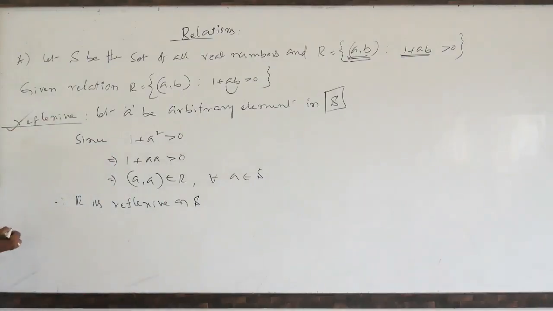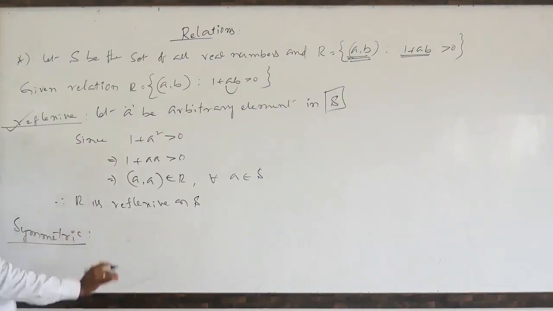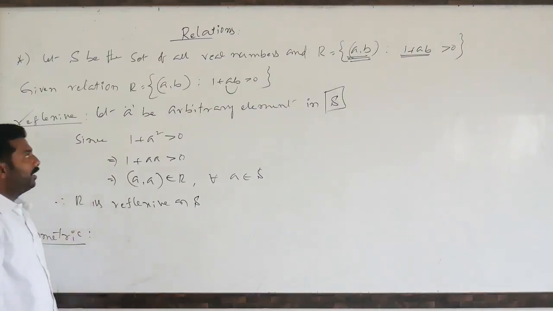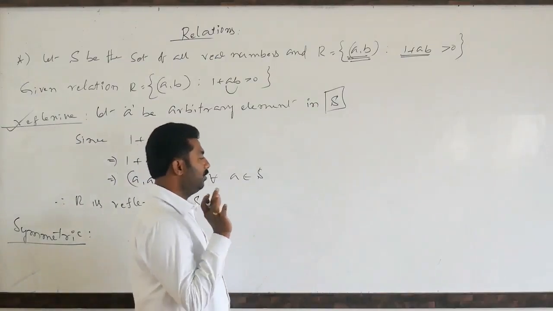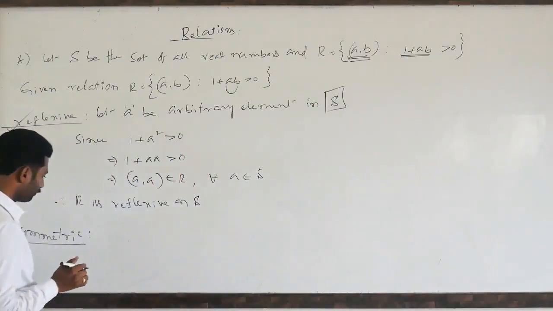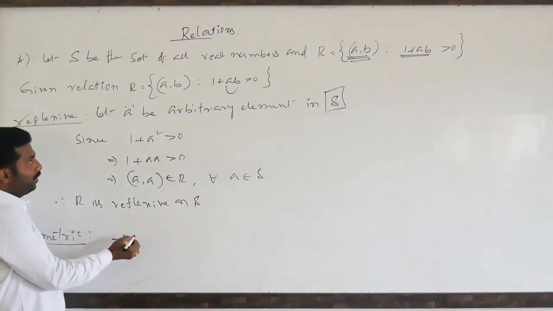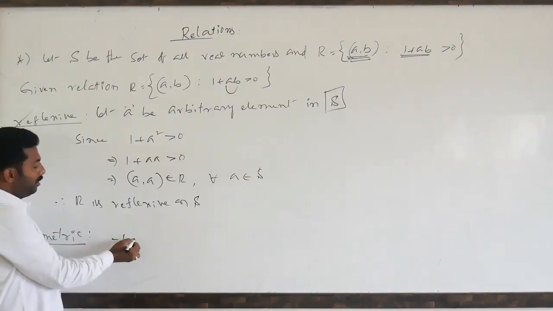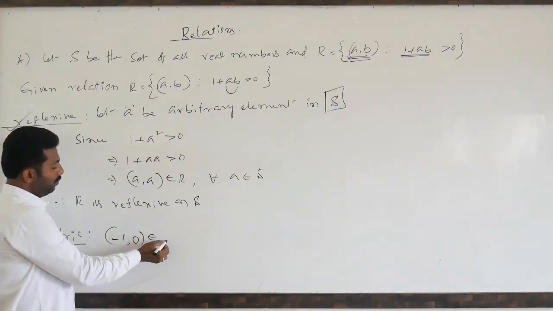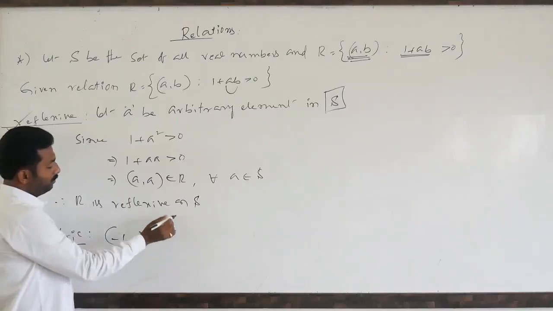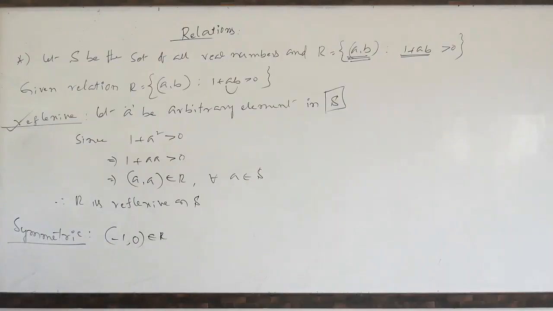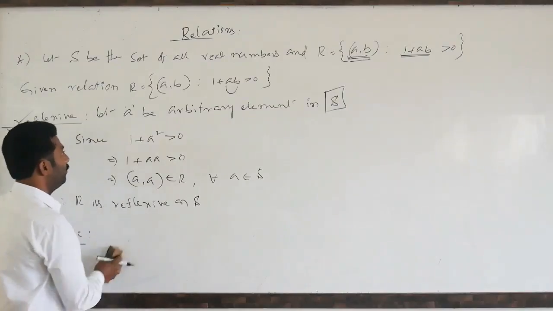Then, whether it is symmetric or not. Symmetric or not. So this is most important. Here, whether it is symmetric or not, I am taking one example. Minus 1 comma 0 belongs to capital R. Okay, this is always a symmetric relation.